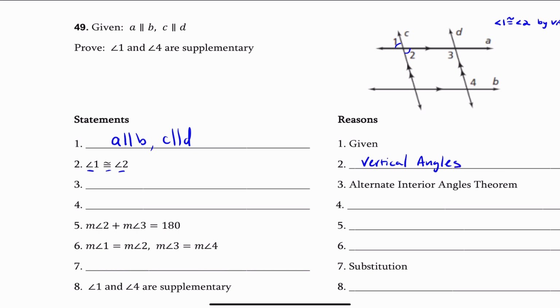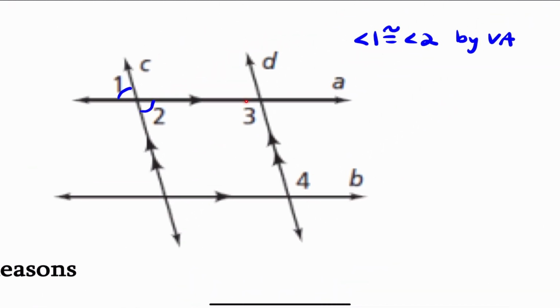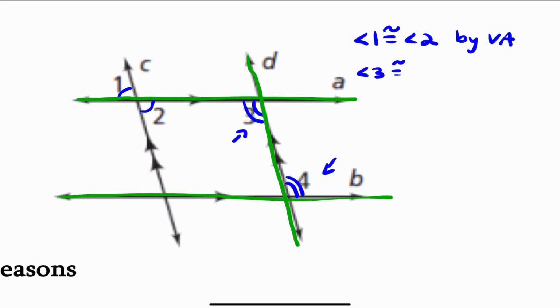And then we can see that angle 3 is congruent to angle 4, because if we look closely, we have these parallel lines cut by a transversal. 3 and 4 are alternate, and they're both inside the parallel lines. So angle 3 is congruent to angle 4 by alternate interior angles.